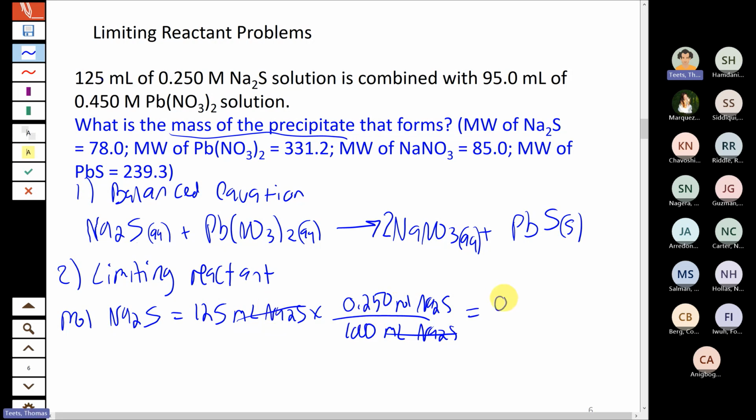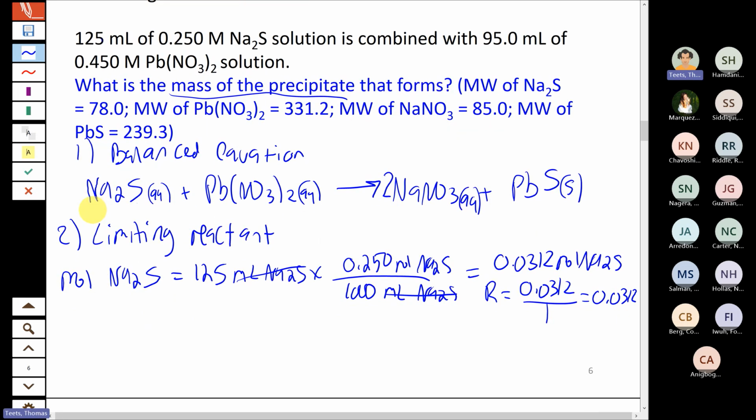So we have 0.0312 moles of Na2S. And typically, as we said, you don't just stop at number of moles. You have to calculate the stoichiometric ratio to know if it's limiting reactant. So the stoichiometric ratio for that is that number divided by the coefficient. But the coefficient for sodium sulfide is just 1, so it's the same number. All right, so that you could have just done in your head, obviously. So that's the stoichiometric ratio for sodium sulfide.